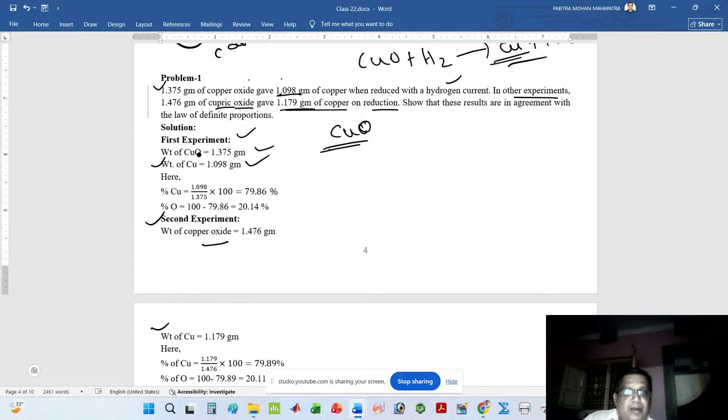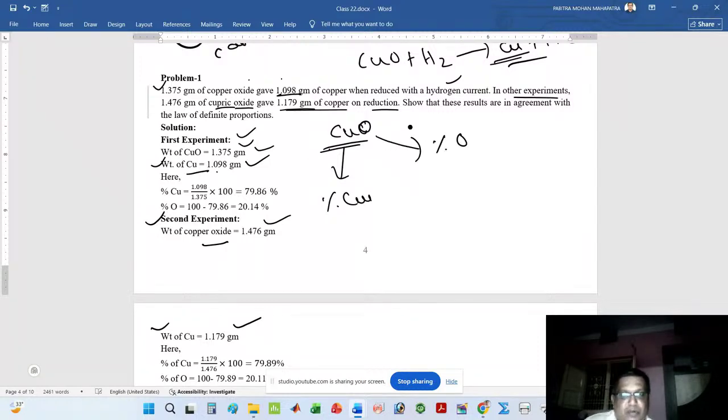If I take 1.375 gram of copper oxide, then 1.098 gram of copper is produced. But in the second experiment, if you take 1.47 gram of copper oxide, then you will find 1.179 gram. Think about the copper oxide in both cases and find out the percentage of copper and percentage of oxygen.